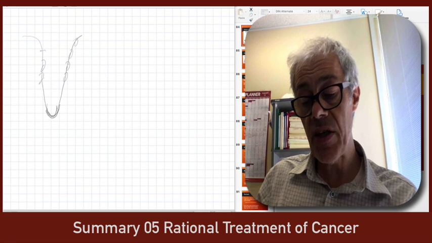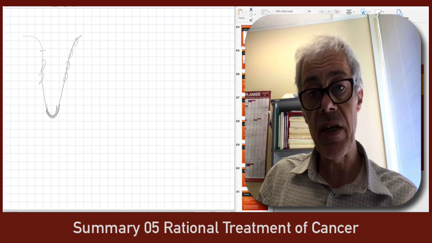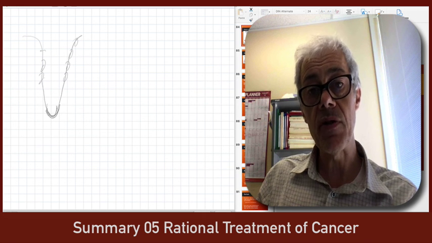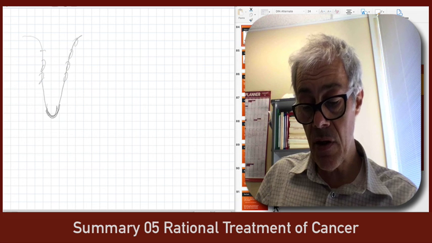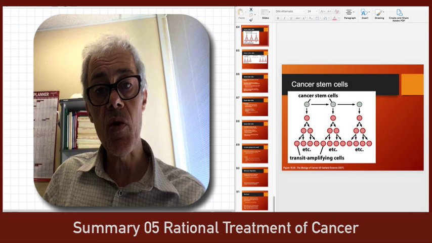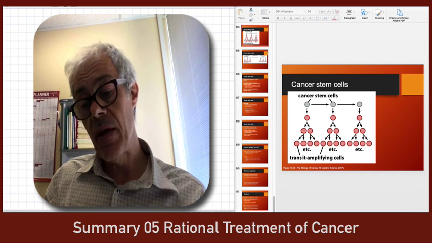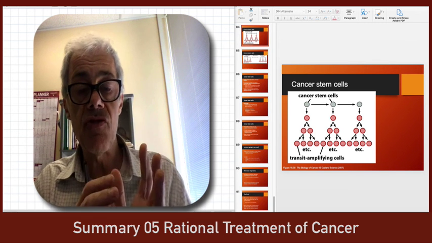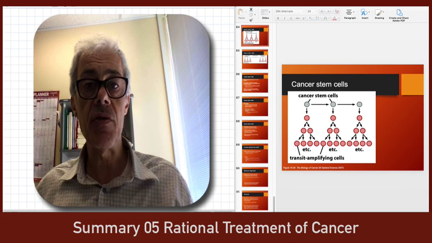And the converse situation would be, well, you kill off these transient amplified cells, but because the stem cells are inaccessible, then these stem cells will produce more cancer cells later on down the track, so you get the cancer coming back. So there's lots of complications with drug design, and it's worthwhile discussing some of those in relation to cancer subtypes, where the cells are in the body, and the rational drug design. Do you want to drug it, and is it druggable? Okay, so there's lots of issues there.